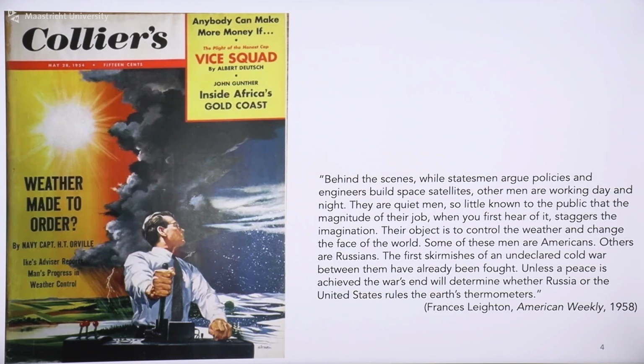They are quiet men, so little known to the public that the magnitude of their job, when you first hear of it, staggers the imagination. Their object is to control the weather and change the face of the world. Some of these men are Americans, others are Russians. And the first skirmishes of an undeclared Cold War between them have already been fought.